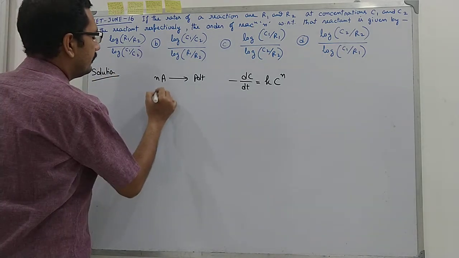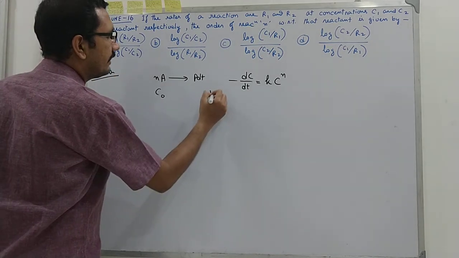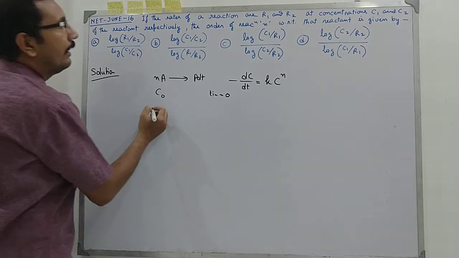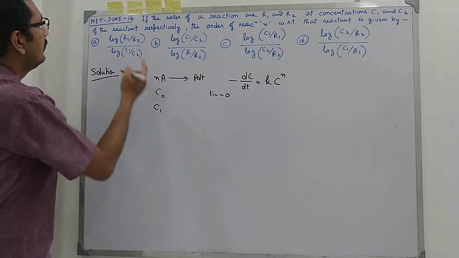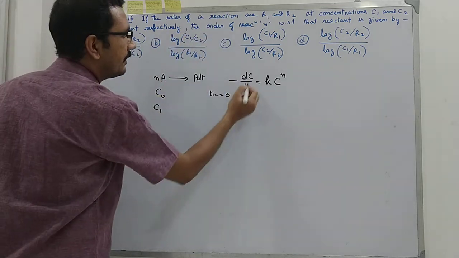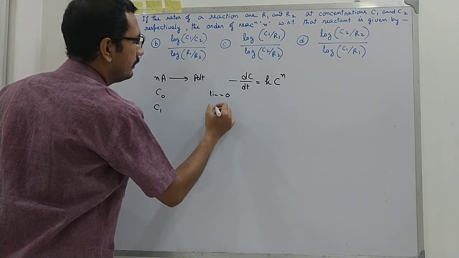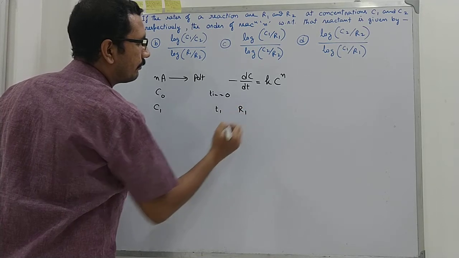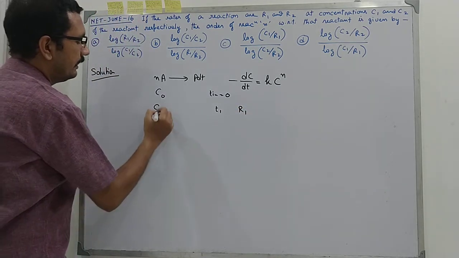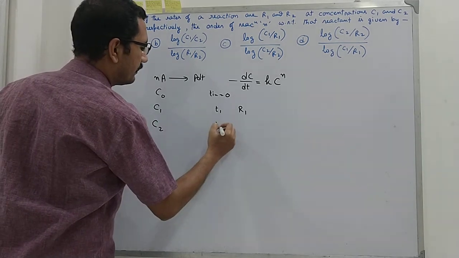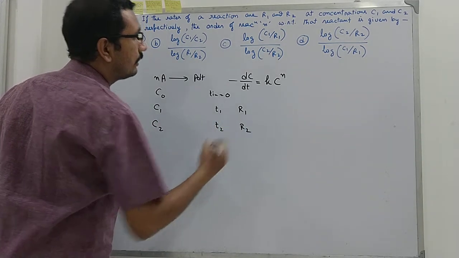Now it is given that the concentration is C0 at time 0, and when the concentration is C1, the rate, that is -dC/dt at time t1, is R1. So it is the rate corresponding to the concentration C1, and corresponding to the concentration C2, the rate is R2.